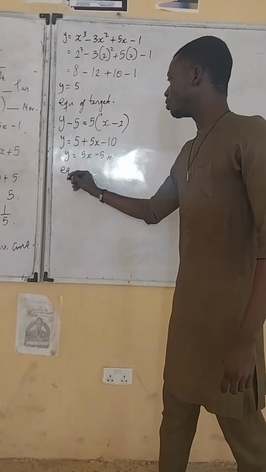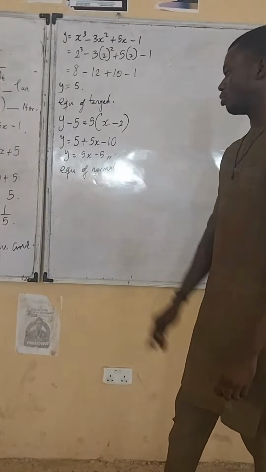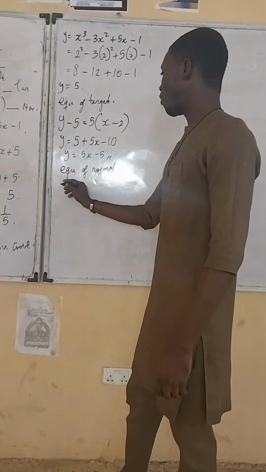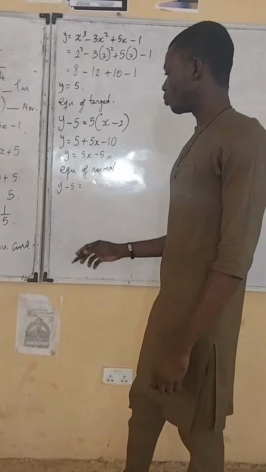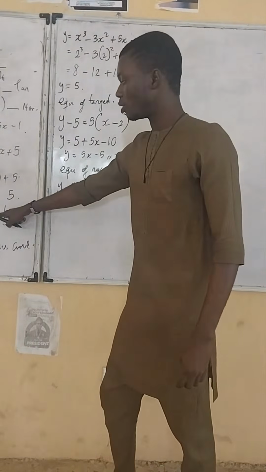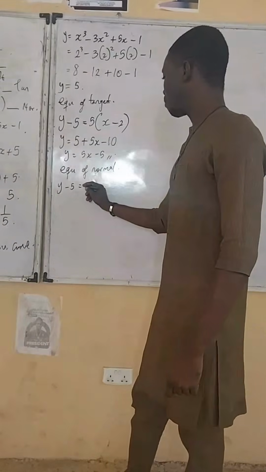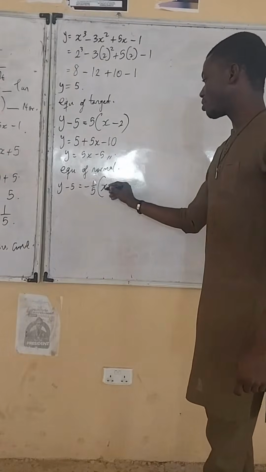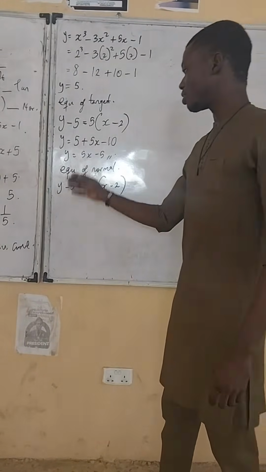Now for the equation of the normal, using the second one. y minus y1, which is still 5, equals the gradient of the normal, which is minus the inverse of mt, that is minus 1 over 5, into x minus 2. If you solve for that, 5 goes to the other side the same way.